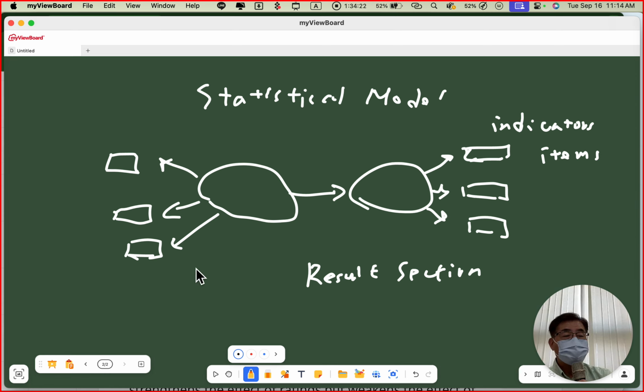We can run this kind of statistical model. And SPSS itself does not provide this, but there is an additional function called AMOS. Have you ever heard of this before? AMOS. It's an extension of SPSS that allows you to draw the statistical model and run the analysis.